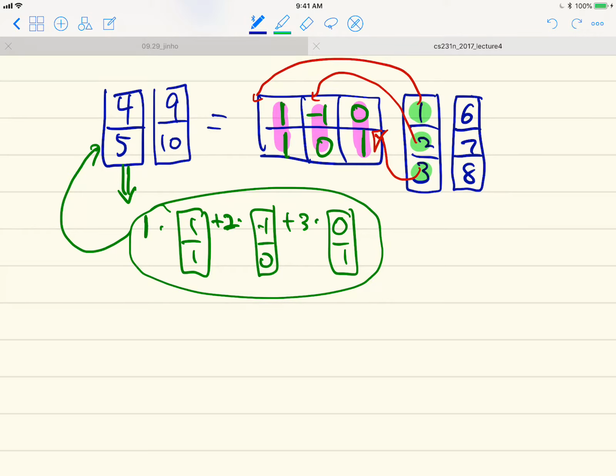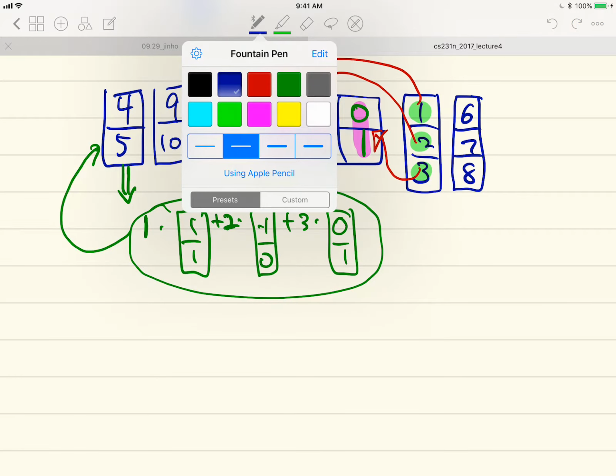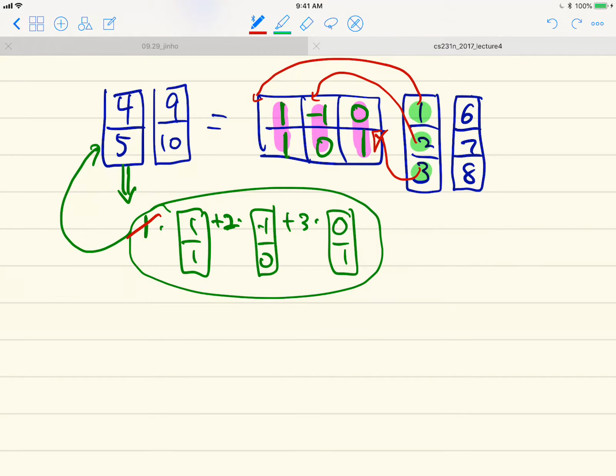That will work as the new linear combination coefficients that will replace this guy, right? So 6 and 7 and 8, but we use the same columns, I mean, the common set of columns provided over here on the left, right?